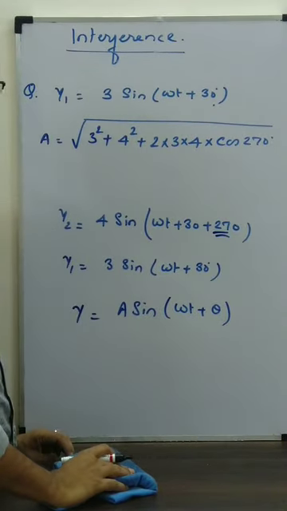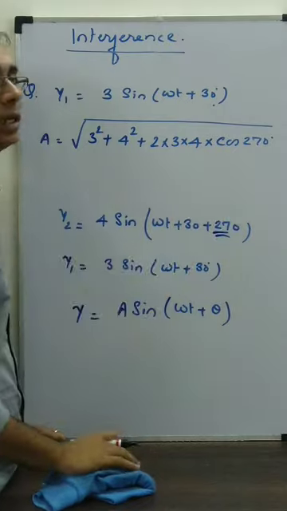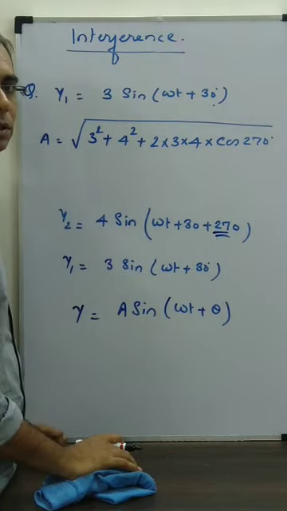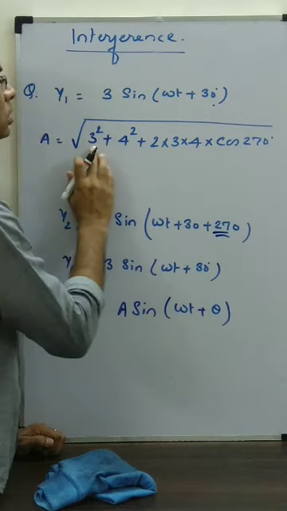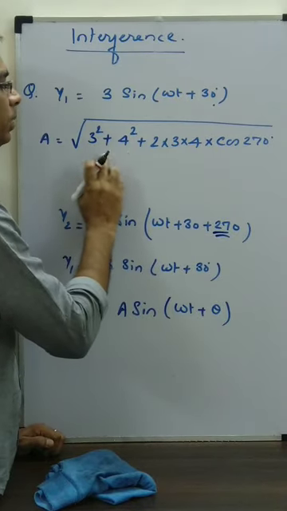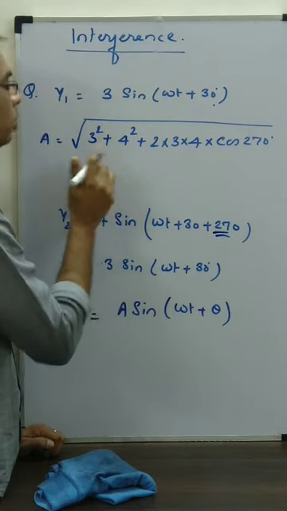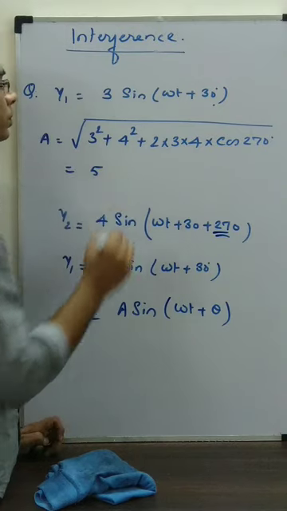Cos 270 is 0. So this entire factor is gone. So this becomes 3 square plus 4 square, 9 plus 16, 25. Square root of 25 is 5.